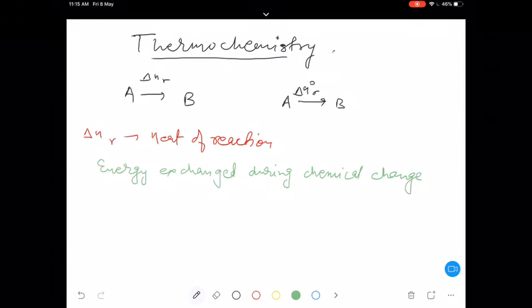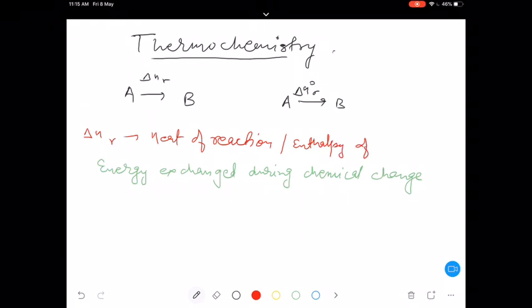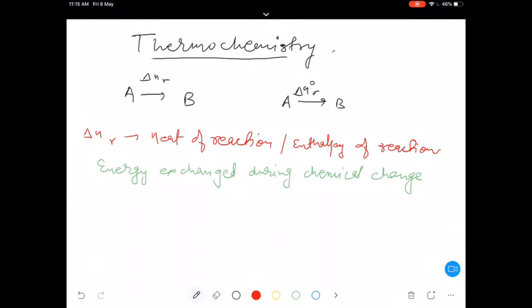Now it can be positive, it can be negative, meaning heat can be released, it can be absorbed. Sign convention you know already, right? So it is also called heat of reaction or enthalpy of reaction. That's what we are going to call it.